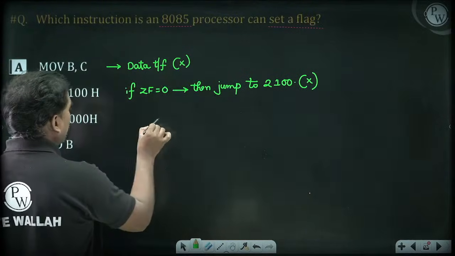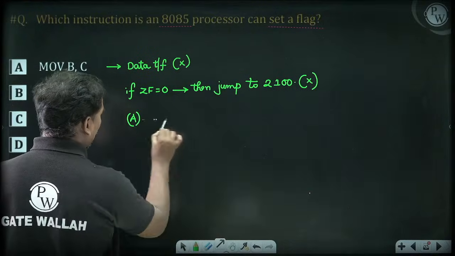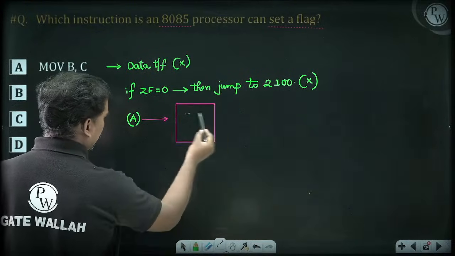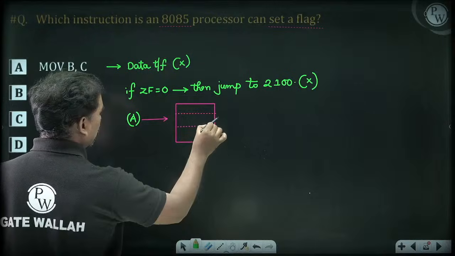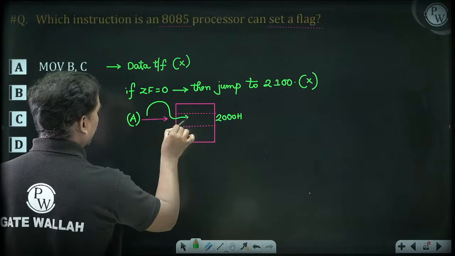Next, store accumulator means the contents of the accumulator are traveling to a memory location, 2000H. So the contents will go there.